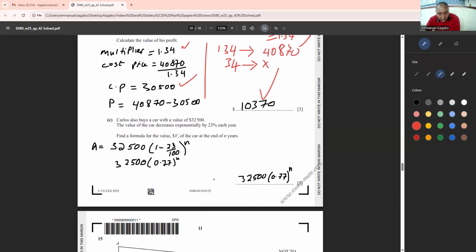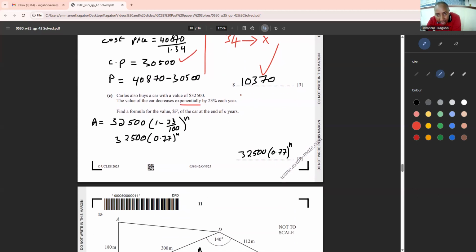Question B. Carlos also buys a car with a value of 32,500. The value of the car decreases exponentially by 23% each year. Find the formula for that. Again, you have to use the formula you wrote here. Amount equals P, which is the investment or the initial value of something.